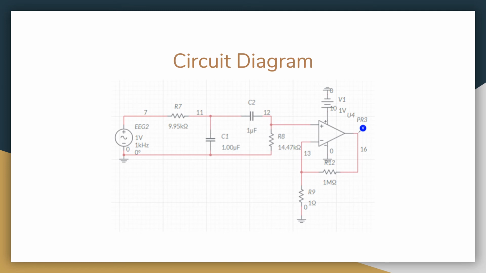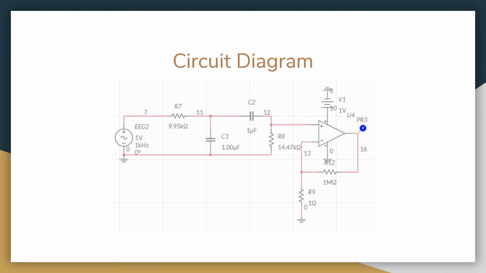The first section of this circuit is for the low-pass filter, which is going to cut off anything that is past 16 Hz. This is achieved by putting the resistor of 9.95 kiloohms and the capacitor of 1 microfarad together in a way that outputs a signal that attenuates it past that.